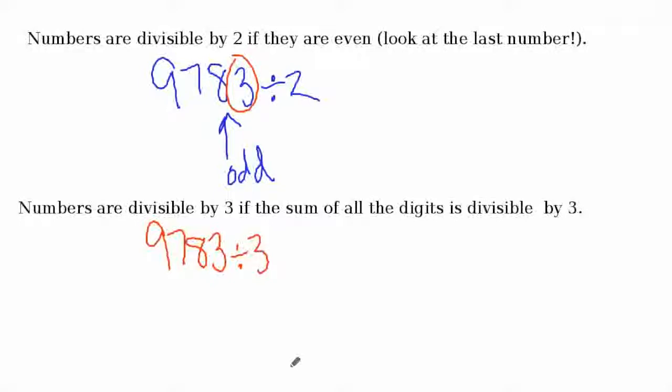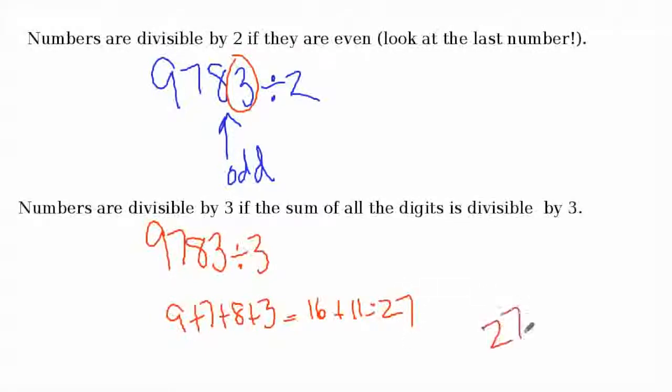Okay, instead what you need to do is think about the sum 9 plus 7 plus 8 plus 3. Okay, what is that? 15, let's see, 16 plus 11, so 27, right? 27, is that divisible by 3? Yes, it is. 27 divided by 3 is 9 without a remainder.